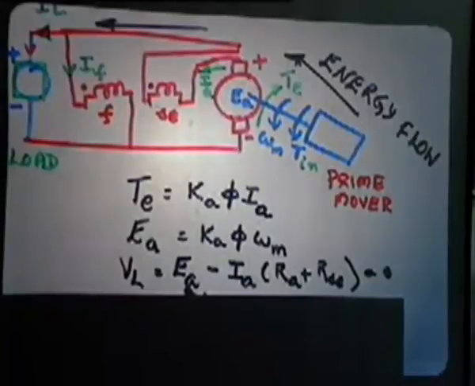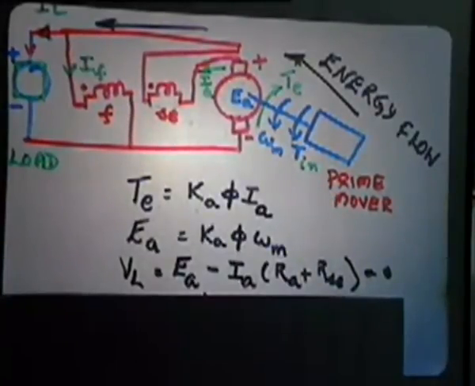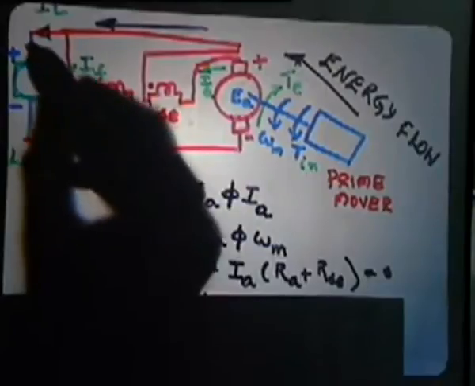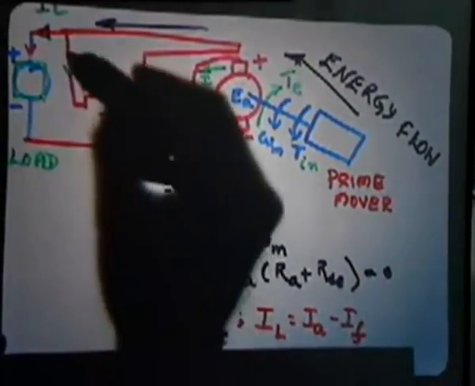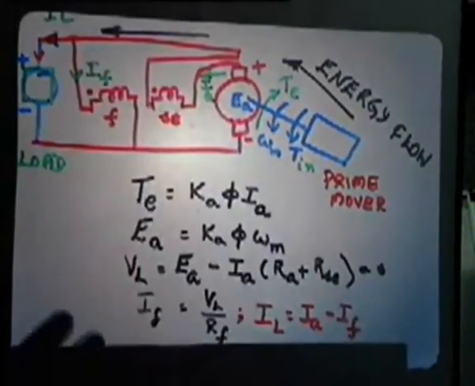So Ea is the induced voltage minus the drop, Ia into (Ra plus Rse), the internal resistance plus the series resistance. That will be the voltage across the load. The other governing equation is that the field current If will be equal to VL, divided by the resistance in the field circuit Rf.